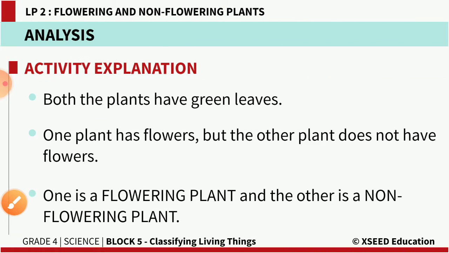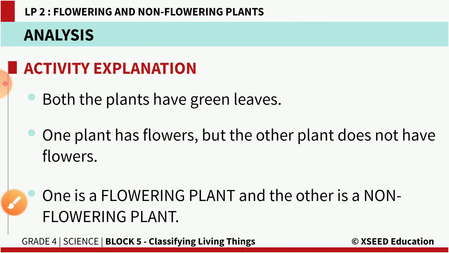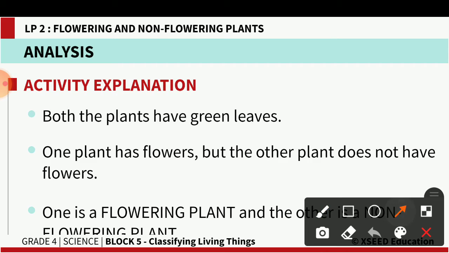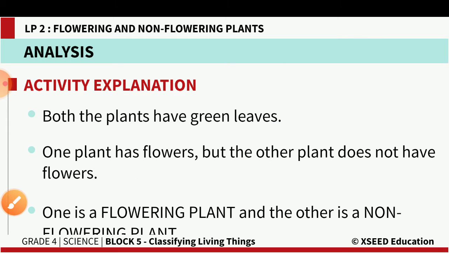Okay, so here you can see both are plants that have green leaves. Whereas the main difference you are seeing is that one plant has flowers, but the other plant does not have any flowers.